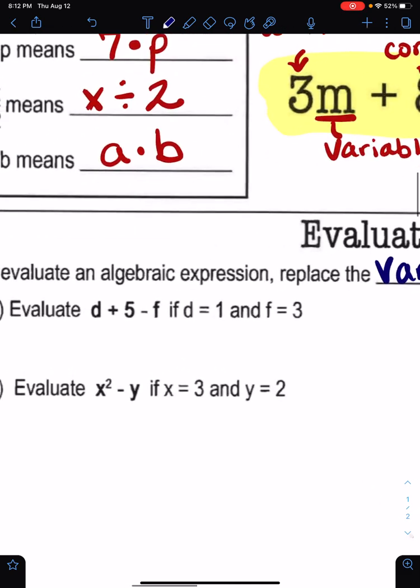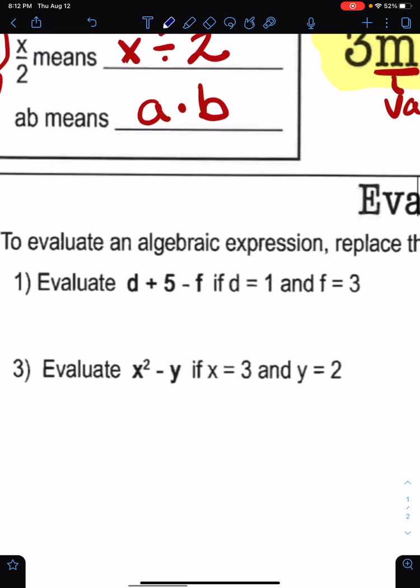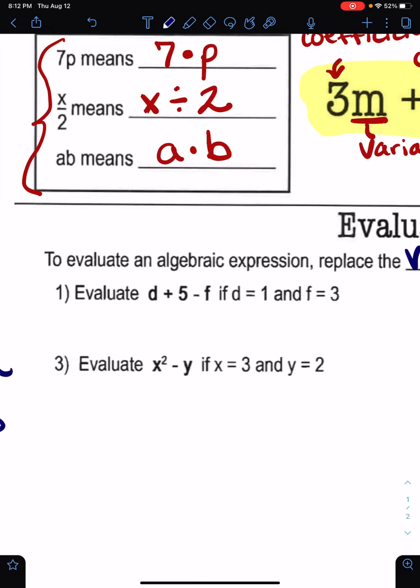All right, so it says to evaluate d plus 5 minus f if d is 1 and f is 3. So instead of d, I'm going to write 1, and then I'm just going to keep that plus 5. And instead of f, I'm going to write 3. So I'm going to do 1 plus 5 is 6, and then 6 minus 3 is 3. So I used the order of operations there.